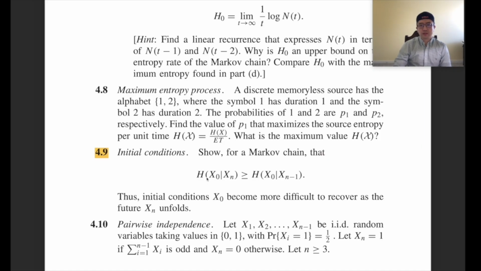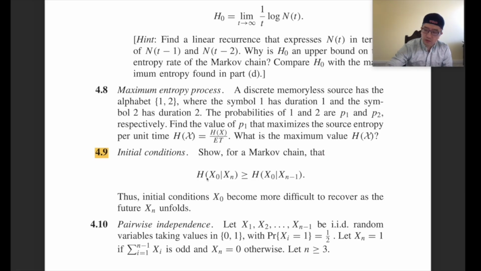This basically means that the further the state goes, by observing that state, we will have more and more uncertainty about the initial state, right? So this is kind of similar to the data processing inequality.